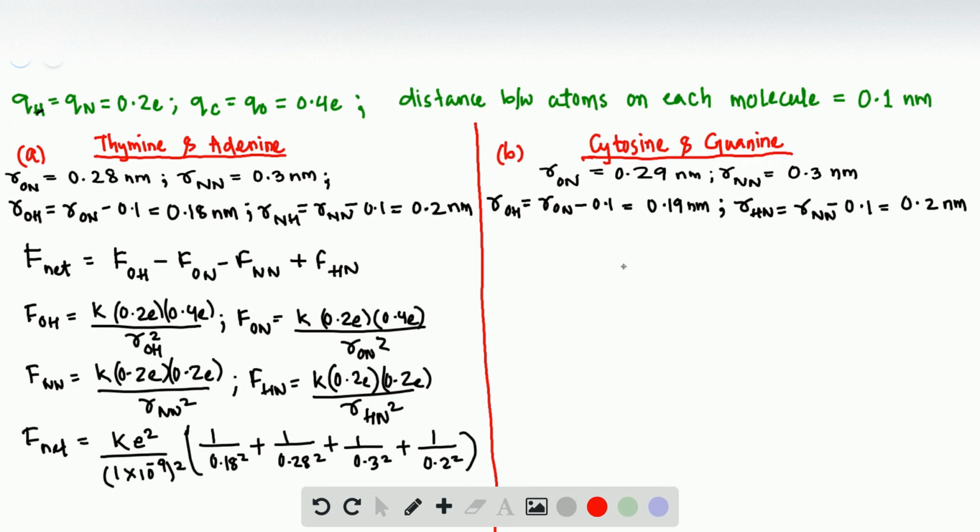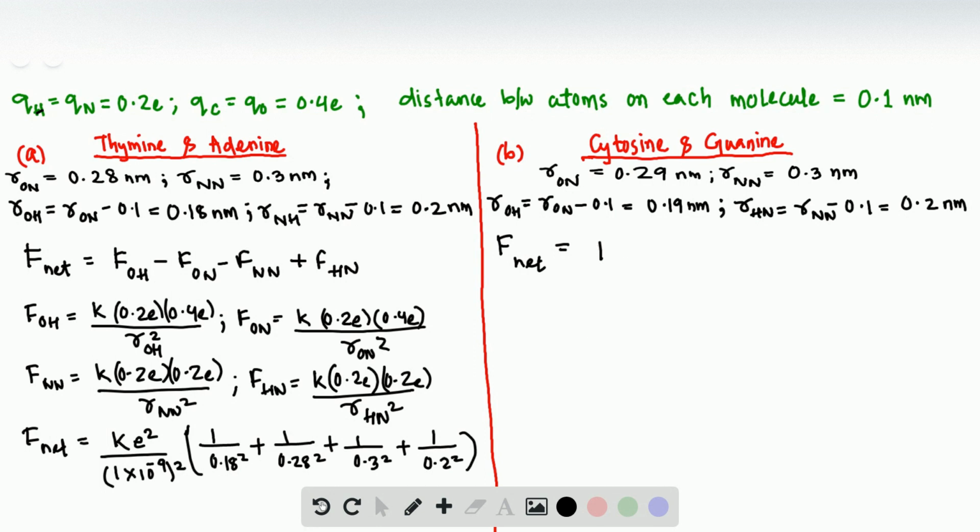Now we will do the same thing for cytosine and guanine, and we'll write the net force here to be F OH.